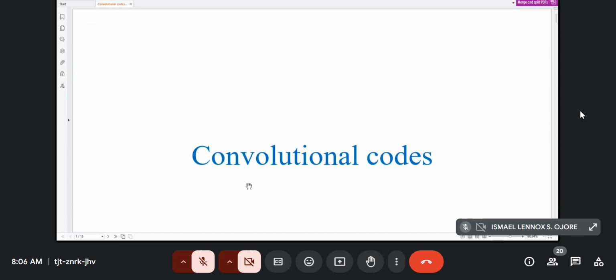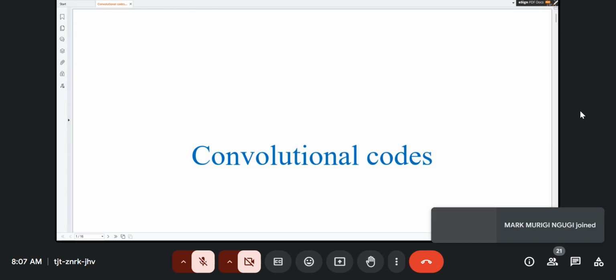We will not get into construction of convolutional codes, generator matrices, generator polynomials. As I said, we are going to do that only with the BCH and RS because they have a very elaborate method of creating polynomials of the desired error correcting capability.